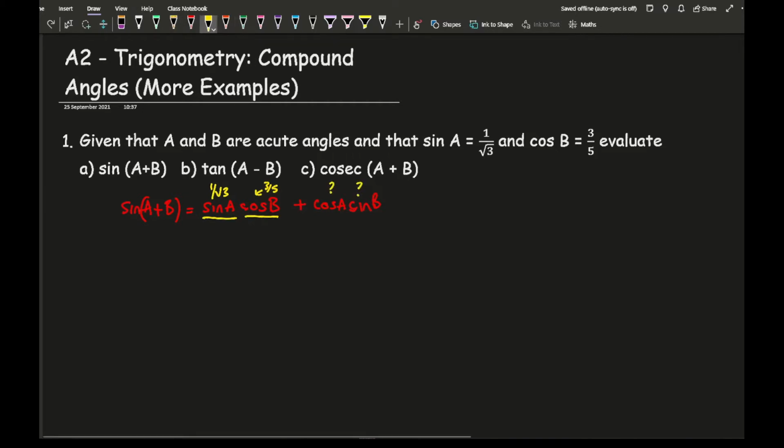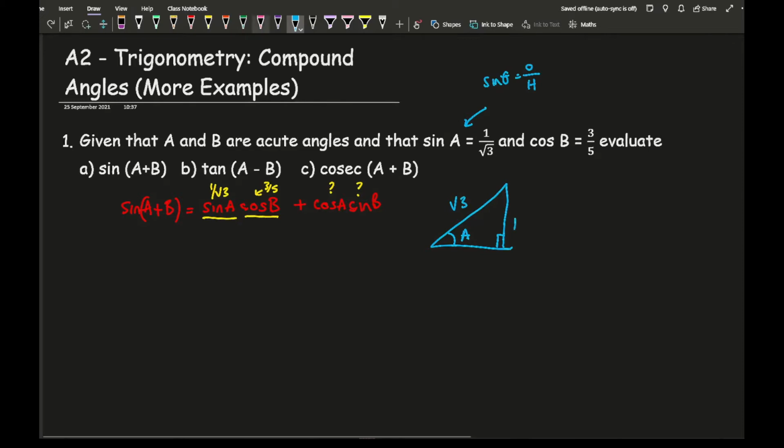So what I need to note is that they are acute angles. So if I set up what resembles a right angle triangle, and let's say this is angle A. Now using sine A, which is sine theta equals opposite over hypotenuse, the hypotenuse must equal root 3 and the opposite must equal 1.